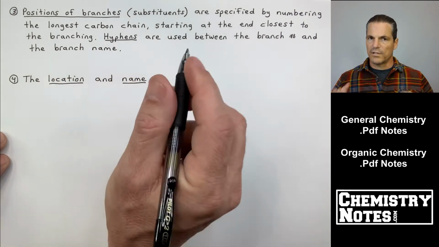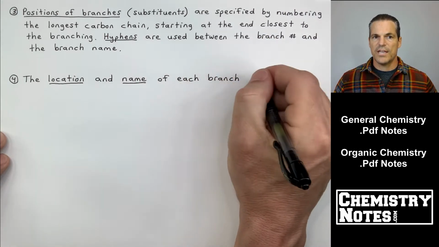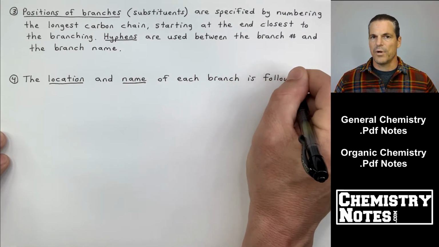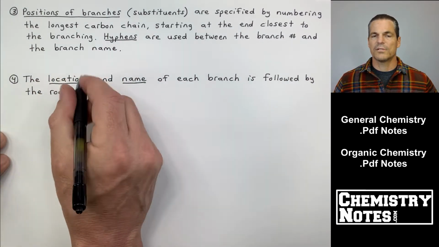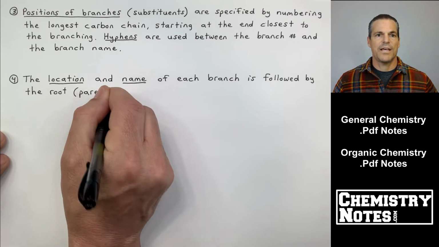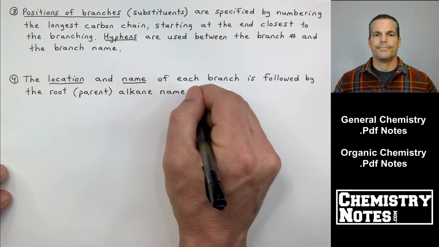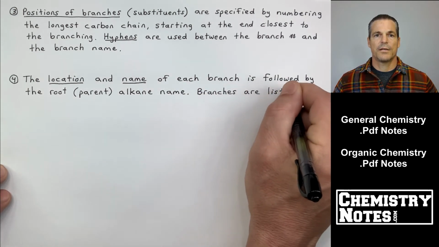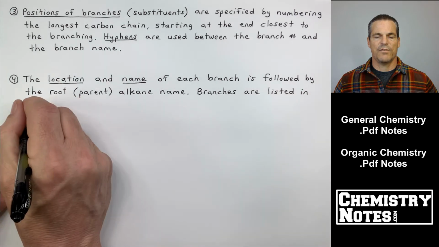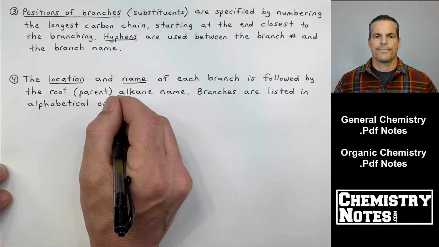Rule number 4, it's our last rule, and then we're going to practice, I promise. It says the location and name of each branch or substituent is followed by the root or parent name, that is the name of the longest continuous chain. And the last part of rule number 4 says branches are listed in alphabetical order.